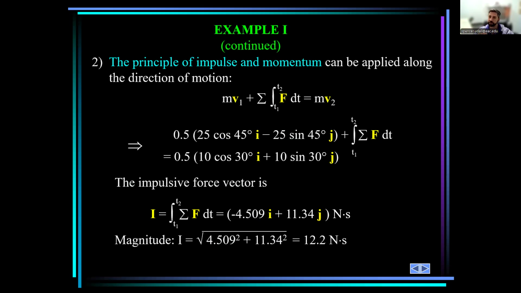Therefore, how much force did it impart? So we could take that I, that force times time term, and divide it by the time, and that would give us an average impulse force. Or we could divide it by the force and we could end up with the time, right? And that's how most of these will go for the rest of it here.